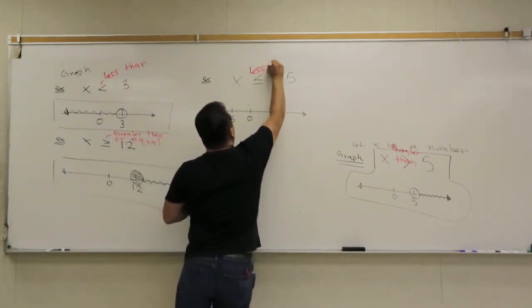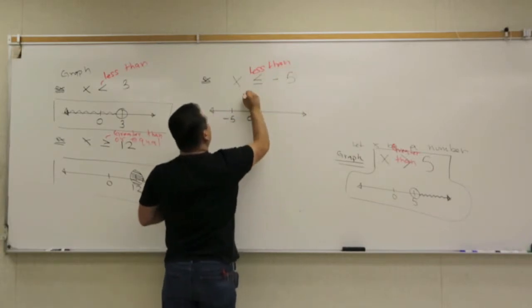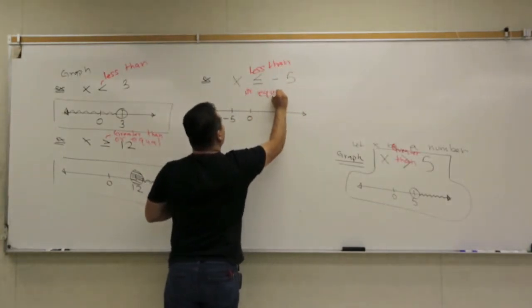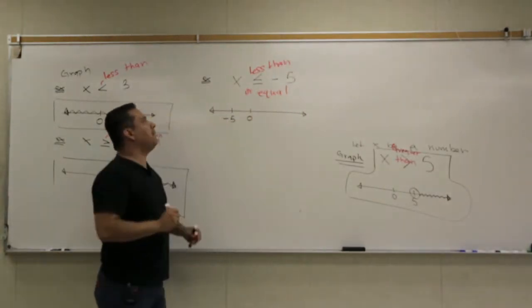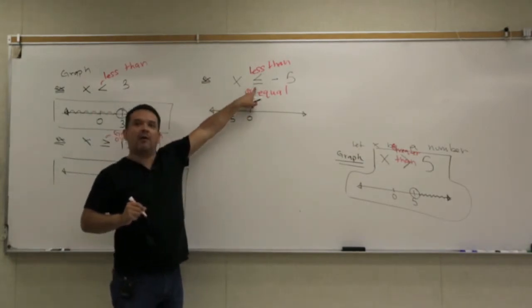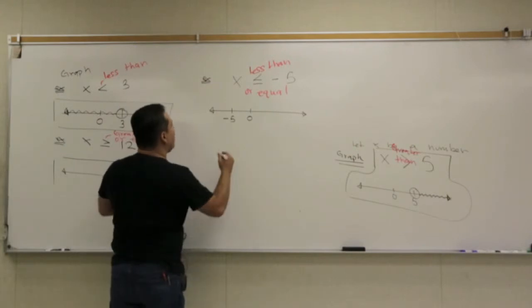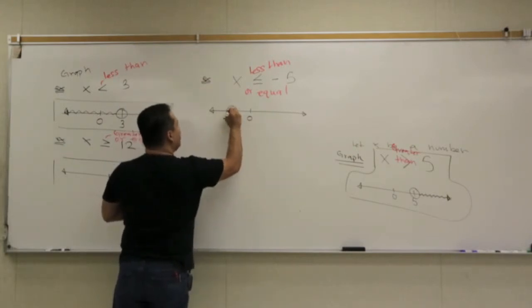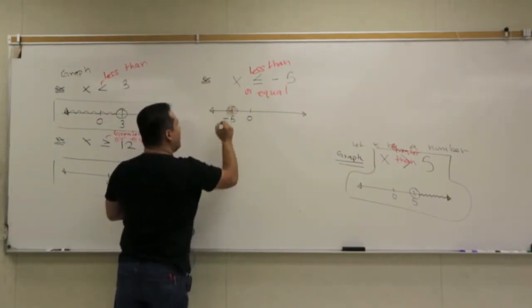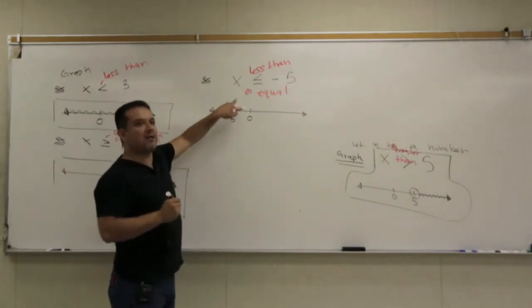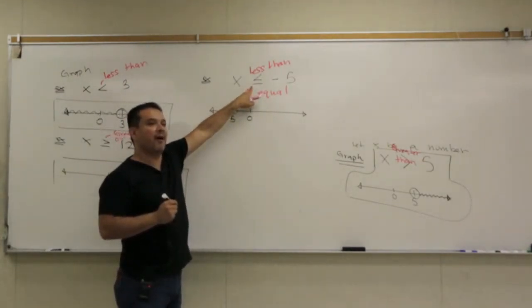Less than or equal. How do you know it includes the possibility of equaling -5? That line there. So when you put your circle around that location of where -5 would be, make sure you shade it because it includes the possibility of being -5.